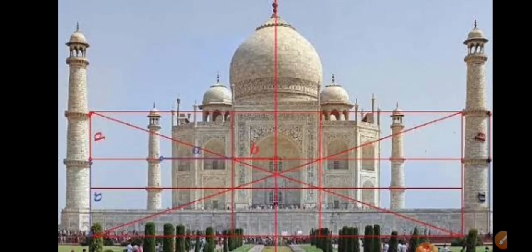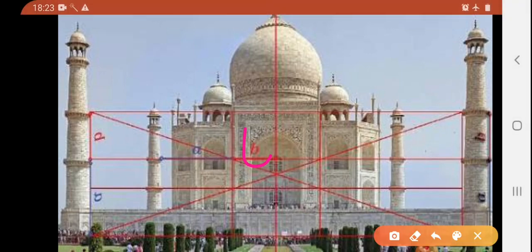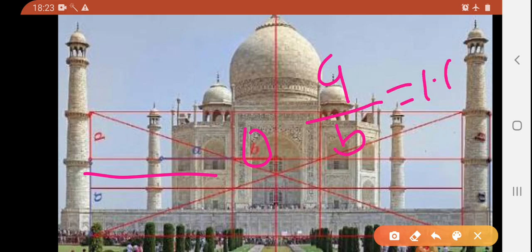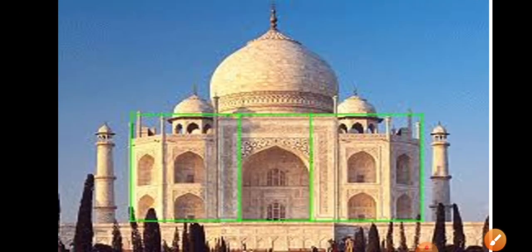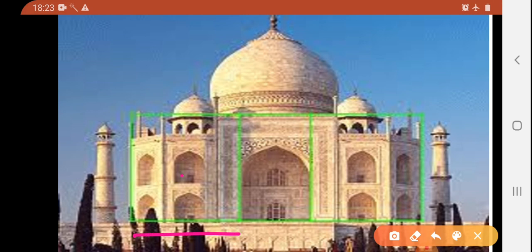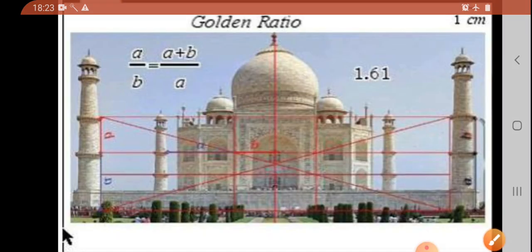Here you can visualize this is the B part and that is the A part, and A by B will be equivalent to 1.618. Here also, that is the A part and that is the B part, and A by B is equivalent to 1.618.